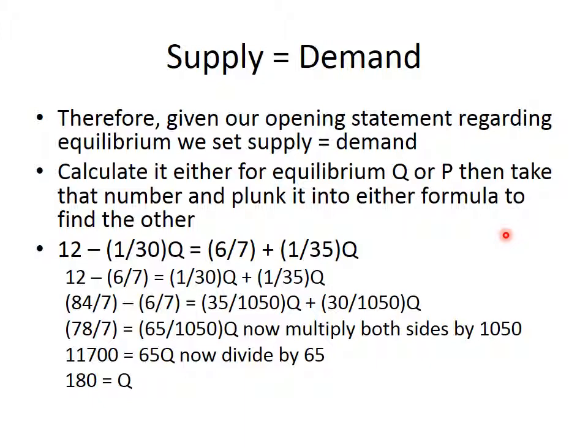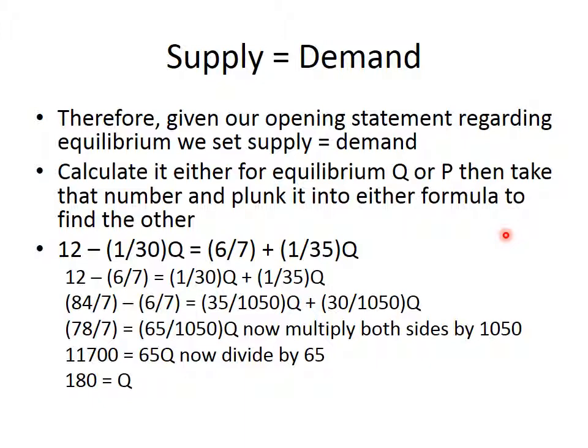Conceptually, we want to find a point, a price and a quantity. Every point has price and quantity. Those are the only two variables we're dealing with at this stage. We want to find a point, which is to say a price and quantity, where supply equals demand, meaning that supply and demand are the same at that point.